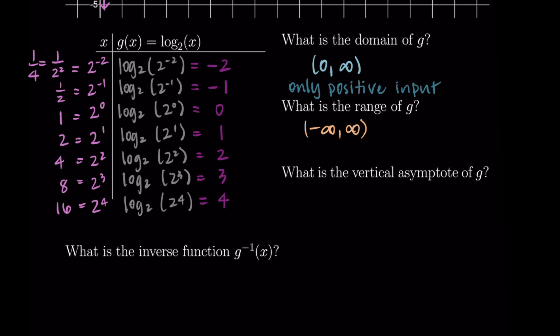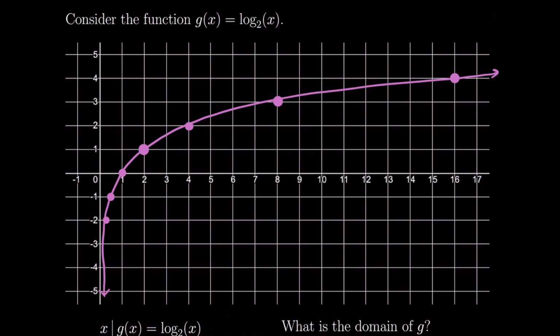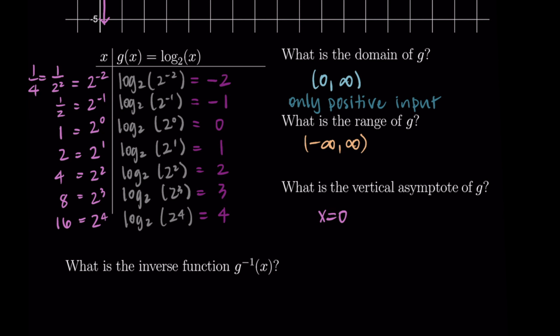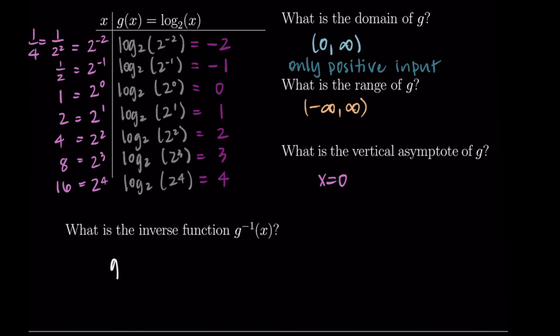Here the vertical asymptote is at x equals 0, and that's this vertical line on our axis. The horizontal asymptote we had in the exponential now becomes a vertical asymptote in the log. And here, if we're looking at log base 2, this corresponds to the inverse function 2 to the x. So the exponential that goes with this log is 2 to the x.